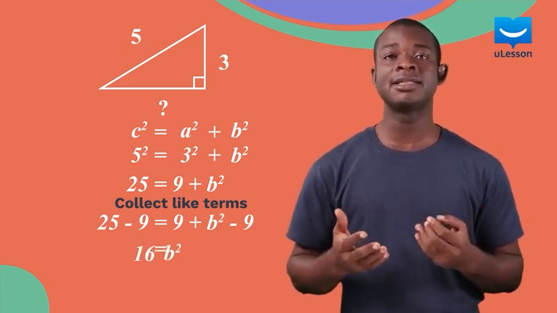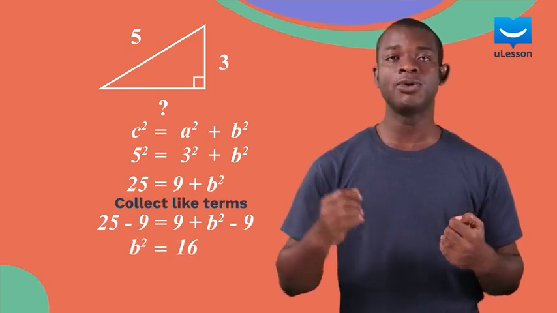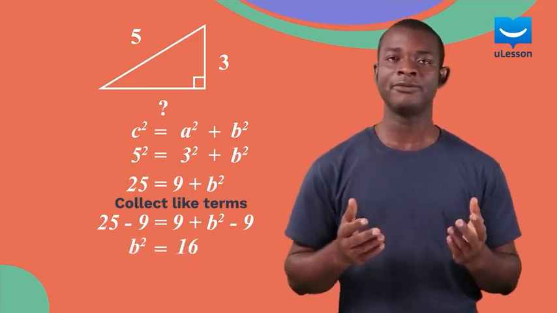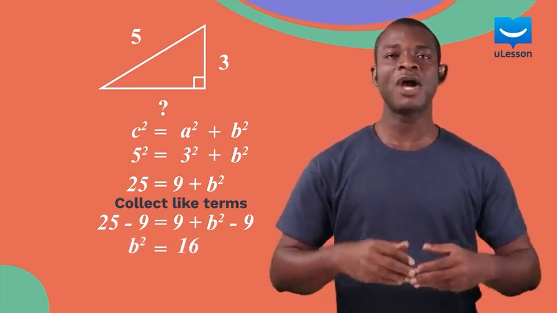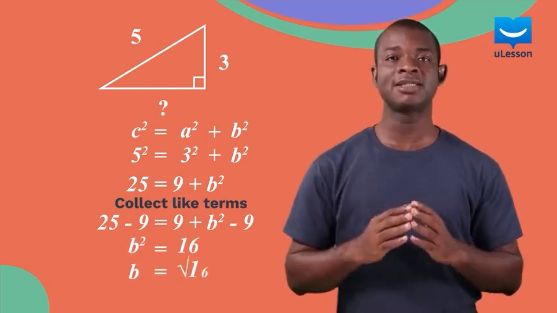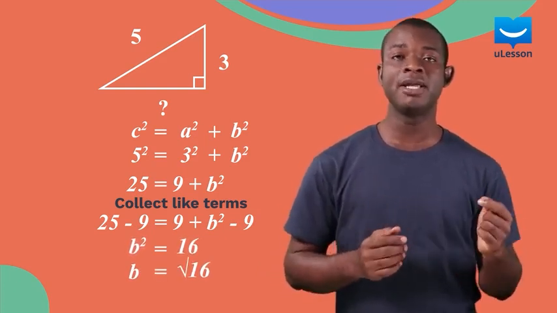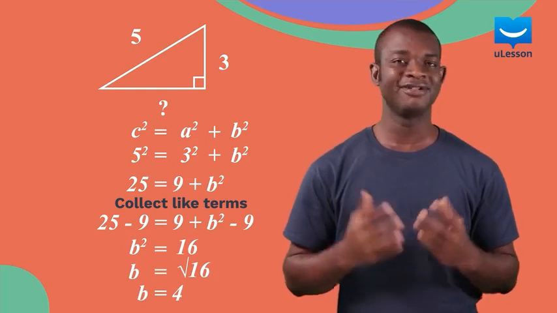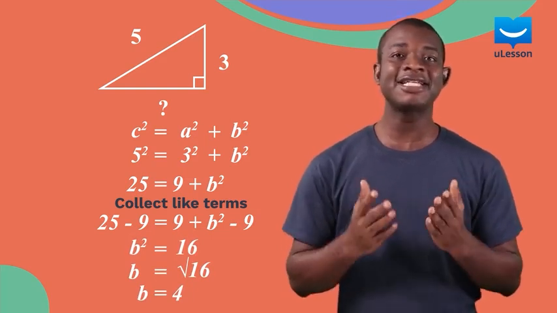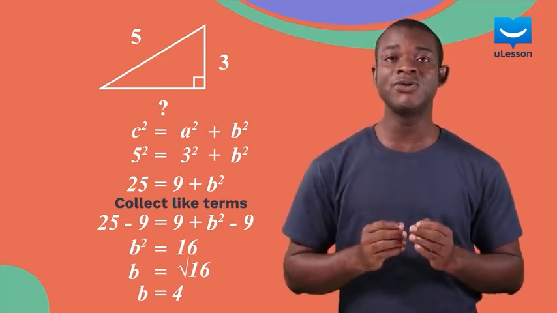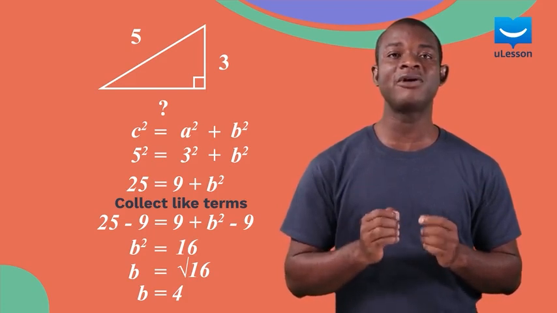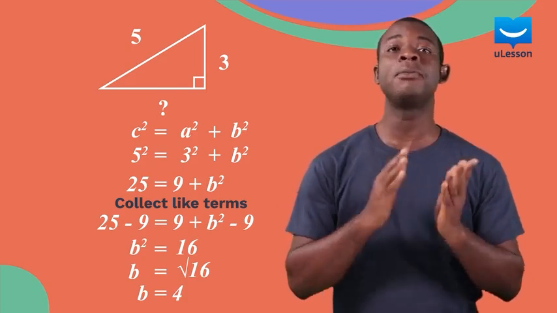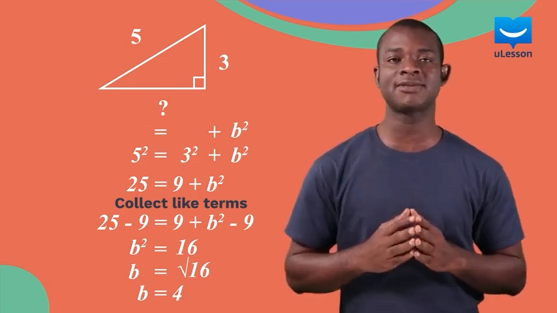This is the same as b squared equal to 16. Now, to find b alone, we have to find the square root of both sides, which will give us b equal to 4. Great! That is how Pythagoras theorem is used to find the length of a side of a right-angled triangle from the length of the other two sides.